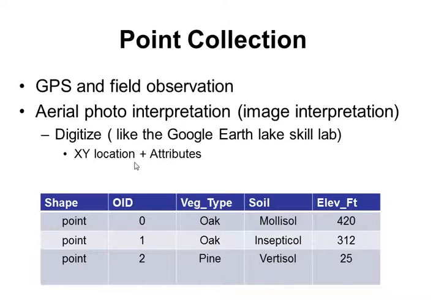So I have a point with a tree, and the tree is an oak, growing on this kind of soil, at that elevation. Here's another point that's another oak, but it's growing on this soil, and here is the elevation, and here's a pine on that soil, and there is that elevation. So if I wanted to make a categorical map, which of these fields would I use to map?